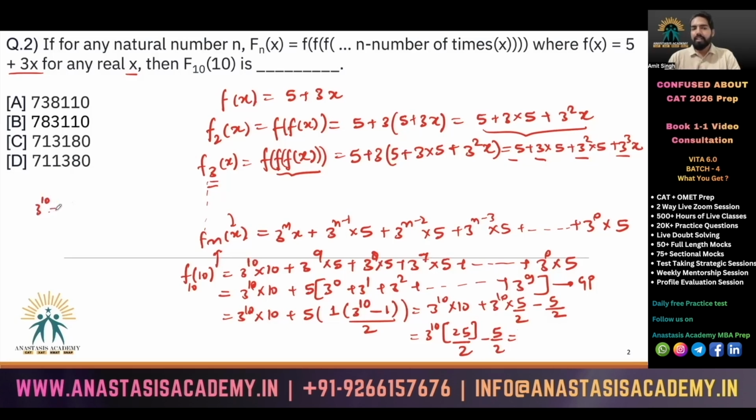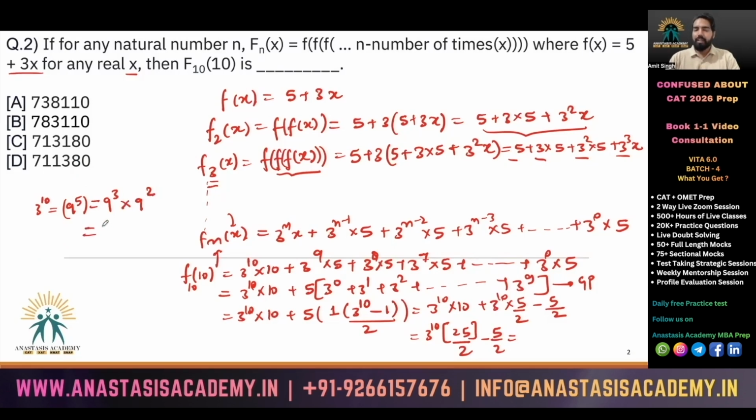Let's find the value of 3 raised to the power 10 separately. So we need to find 3 raised to the power 10. I can easily find it as 9 raised to the power 5. And 9 raised to the power 5, I can find it as 9 cube into 9 square.